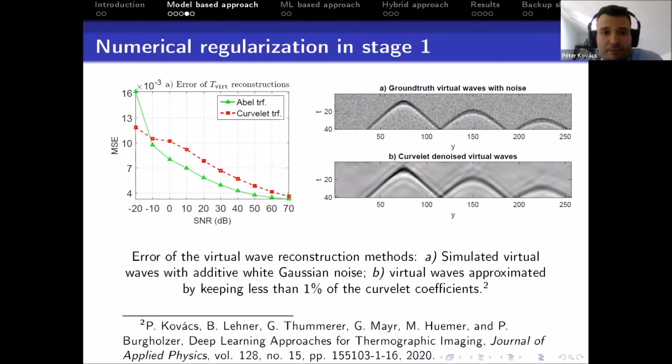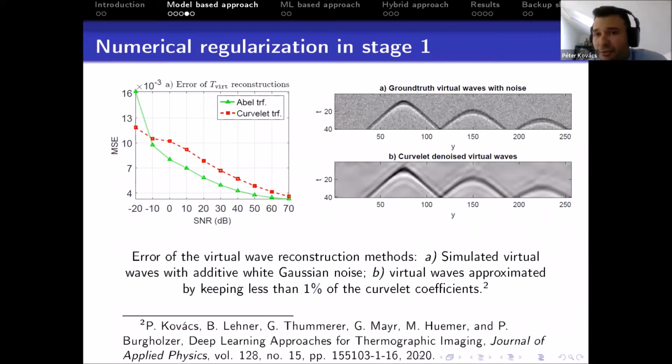Although in terms of the mean square error, we did some experiments in 2020 in this paper, and it turned out sparsity plus non-negativity is a stronger assumption than the increased sparsity in the curvelet domain, because by using the Abel transformation and utilizing also non-negativity, we could get better reconstruction accuracy at various noise levels.